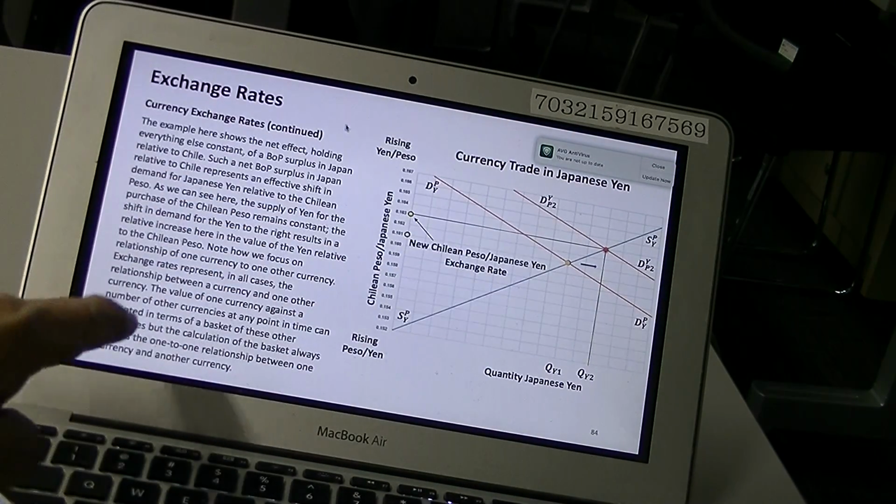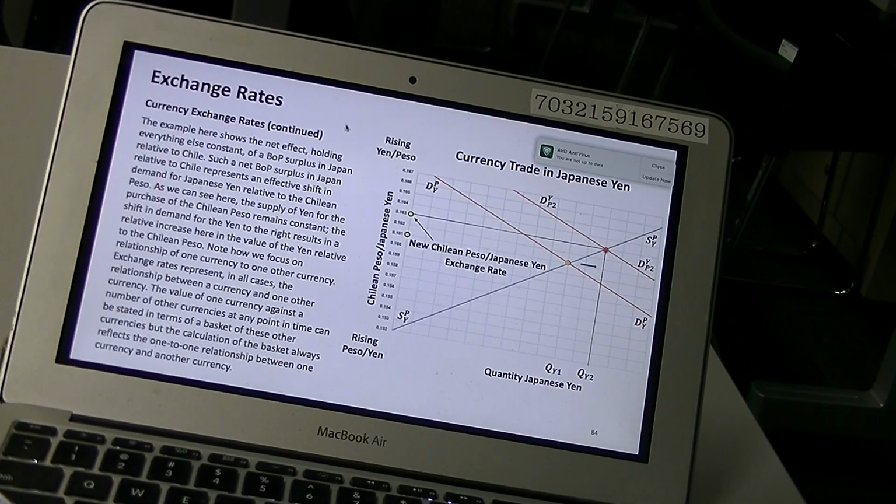Now the thing to remember is that currency exchange rates are always between two countries. You may think about the value of the yen relative to, say, the dollar, but every pair of currencies has its own value. That's an important thing to keep in mind.